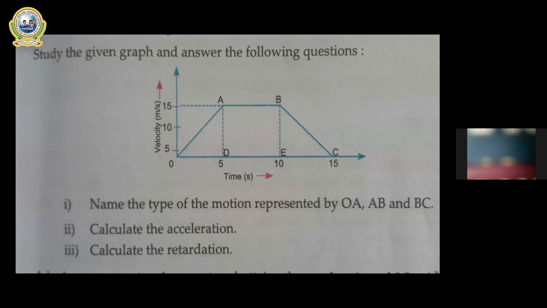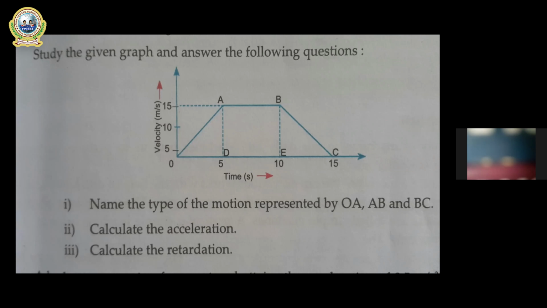In the graphical way, we find acceleration by calculating the slope of the line, because the slope of a line is the acceleration of a body. Please observe the graph carefully. You can see the straight lines OA, AB and BC.